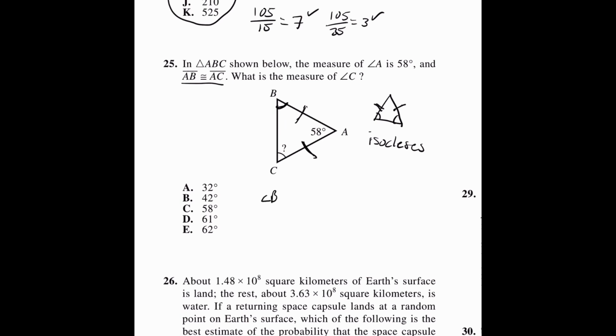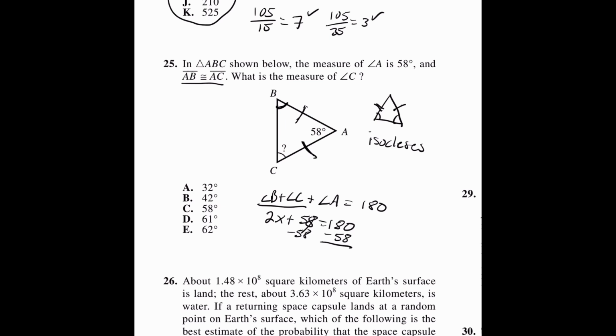So angle B plus angle C plus angle A all add up to 180. I know that 2 of them are the same, so I can make this 2x plus 58 is equal to 180, right? Then I subtract 58 from both sides.